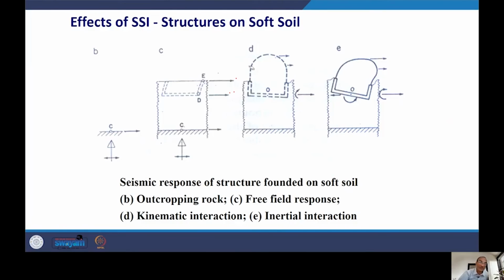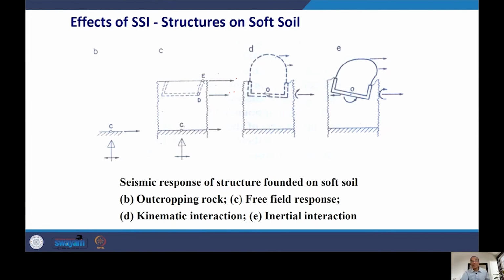Once you insert the base of the foundation, including the structure, which is shown here using a dotted line, not the solid line, only the elastic properties of the soil are considered, but no mass is considered. This is called kinematic interaction.